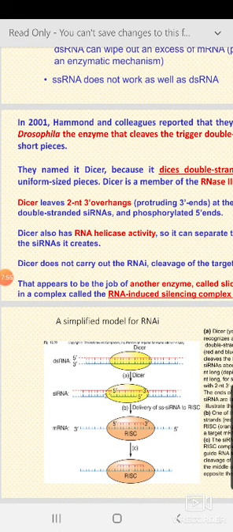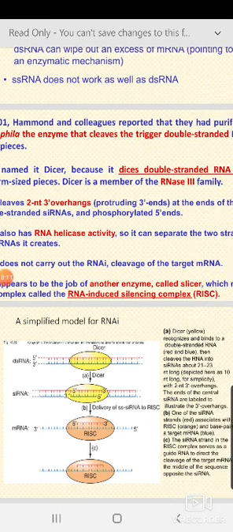Definitely one strand is complementary to the mRNA which is synthesized from that particular gene. Understood? Now, Dicer does not carry out the RNAi effect. That means the final degradation of the mRNA is not done by Dicer. That is done by some other enzyme.